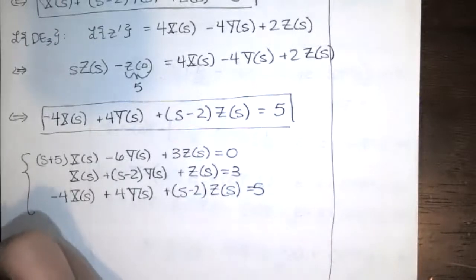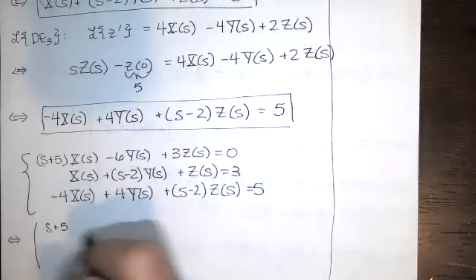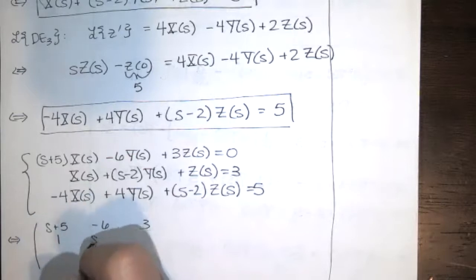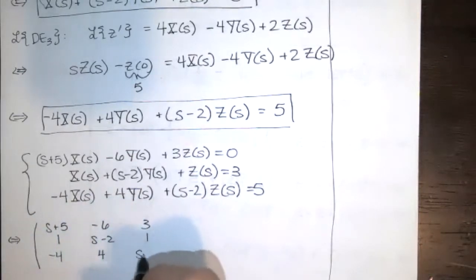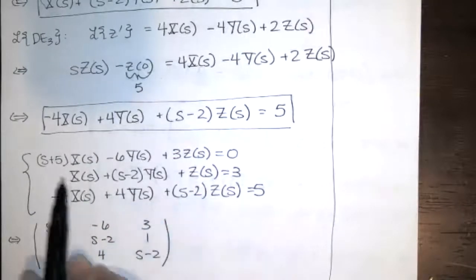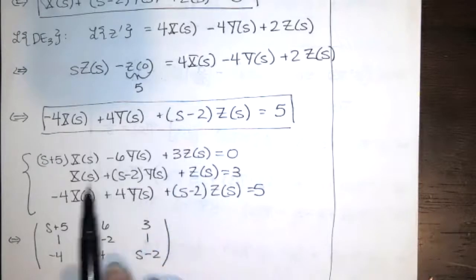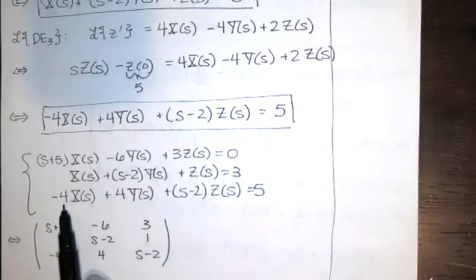Now you can write this in matrix form this way. List the coefficients of x, y, and z here. So I'm just focusing on what's multiplying my x, what's multiplying my y, what's multiplying my z. There's an implied 1, an s minus 2, and a 1, a -4, a 4, and an s minus 2.